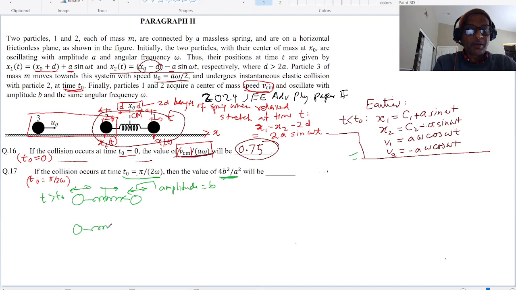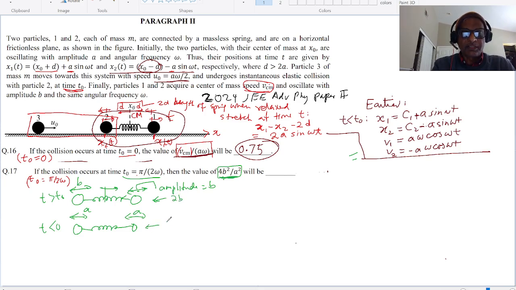For t before t0, this oscillation was A, and this oscillation was A. So this is the case, and we have to find the relationship between A and B. Because this all is squared, it's a kind of hint that energy conservation will play some role here, because in a spring you have how much the spring is deformed.